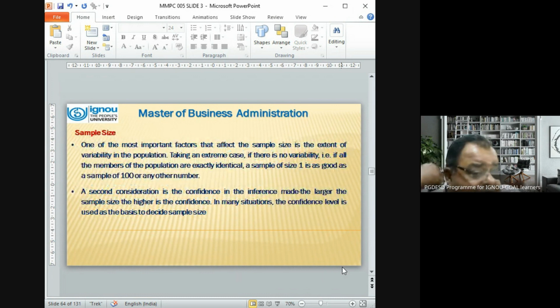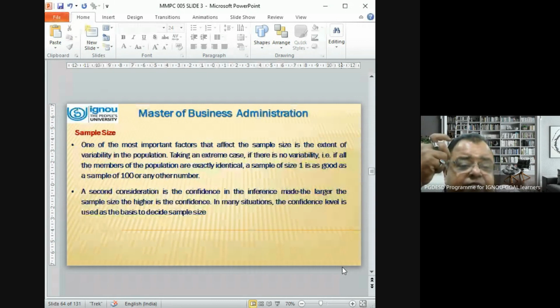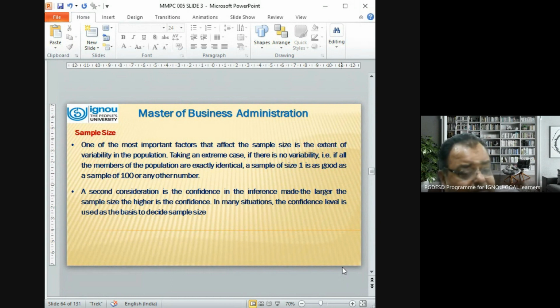Now, sample size. One of the most important factors that affects the sample size is the extent of variability in the population. Taking an extreme case, if there is no variability, that is, if all the members of the population are exactly identical, a sample of size 1 is as good as a sample of 100 or any other number.